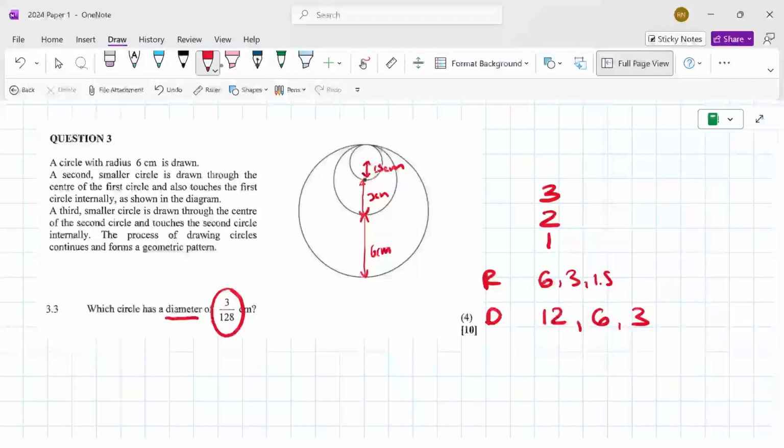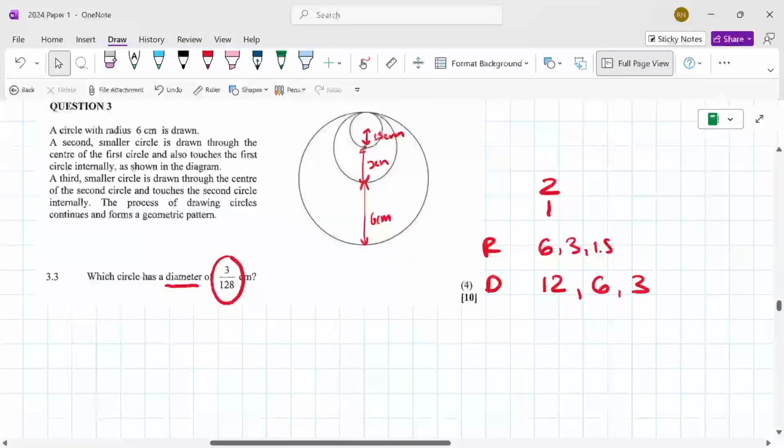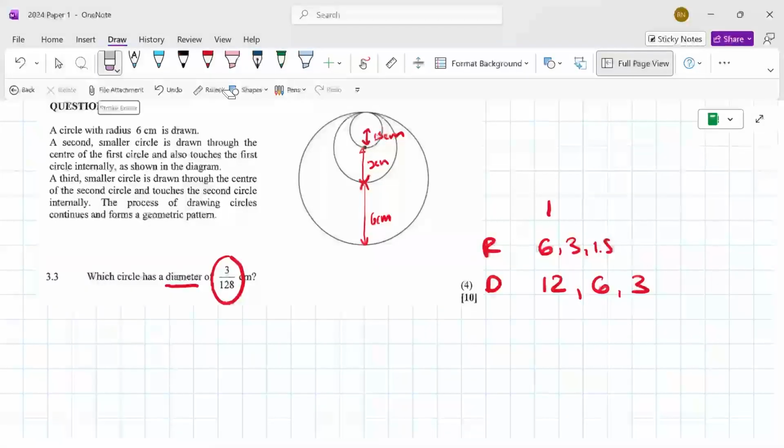Okay, we have 1.5 minutes left. Ooh, very varied answer. Let's see what we get. So many different answers. Wow, that's so interesting. Okay, now you guys just have 1 more minute left. Let's see. If your expression for diameter is 12, 6, 3, which term in this sequence will have 3/128?